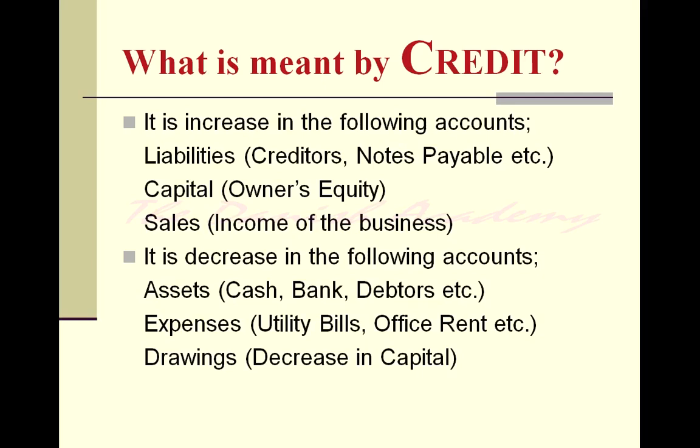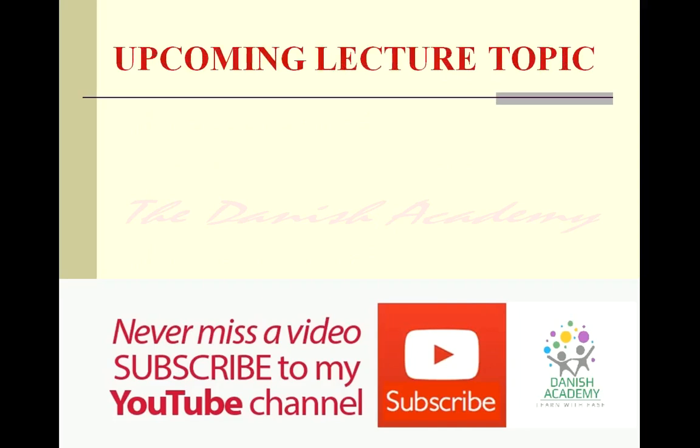So if you remember, in debit there is an increase in assets, expenses and drawings, while there is a decrease in liabilities, capital and sales. Now it is opposite in credit: an increase in liabilities, capital or sales, and a decrease in assets, expenses or drawings.